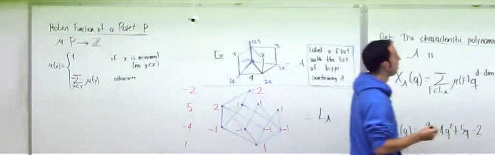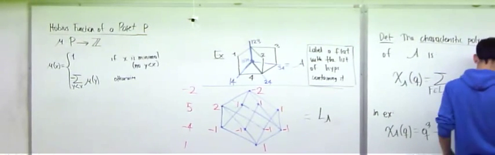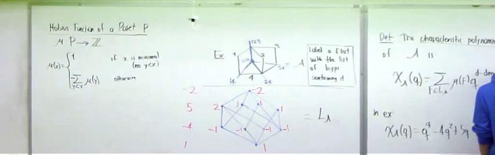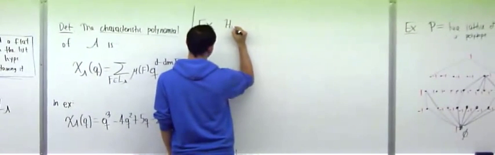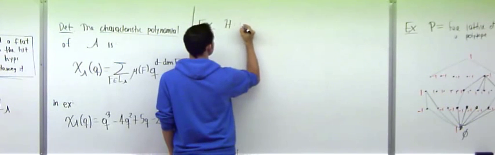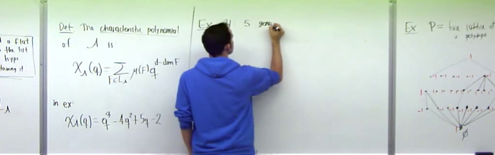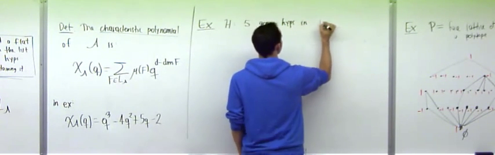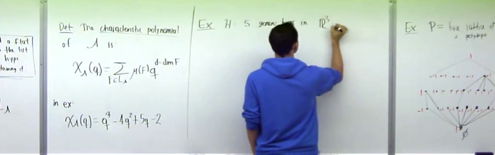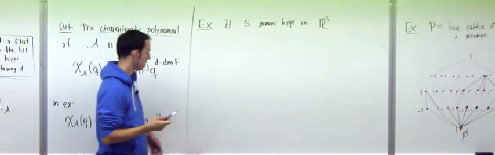And maybe let's do this for the arrangement of, let's say, 5 generic hyperplanes in R3. Okay.